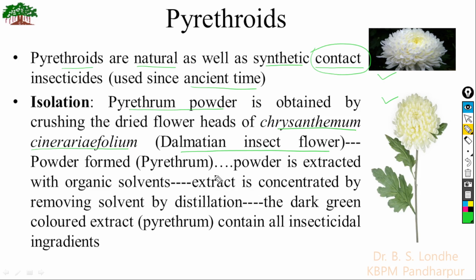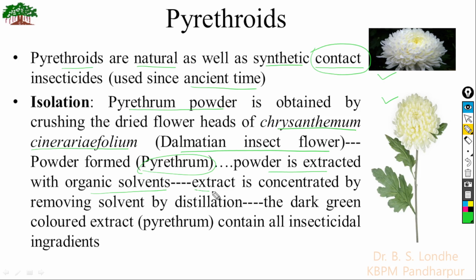The powder is formed from these dried flower heads which contain pyrethrum, and this powder is extracted with organic solvents. The extraction process is carried out with the help of organic solvents such as diethyl ether, methanol, ethanol, tetrahydrofuran, etc. Generally volatile organic solvents are used so that it is easy to remove those solvents.